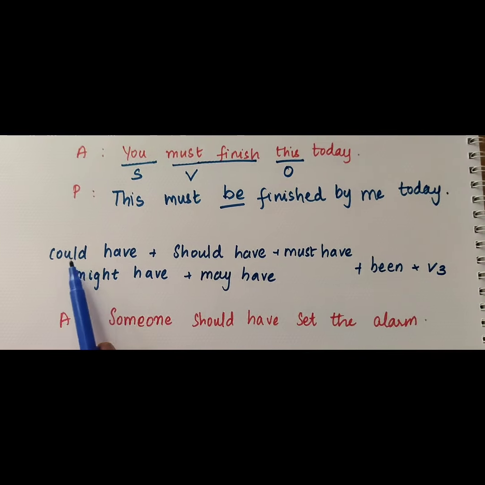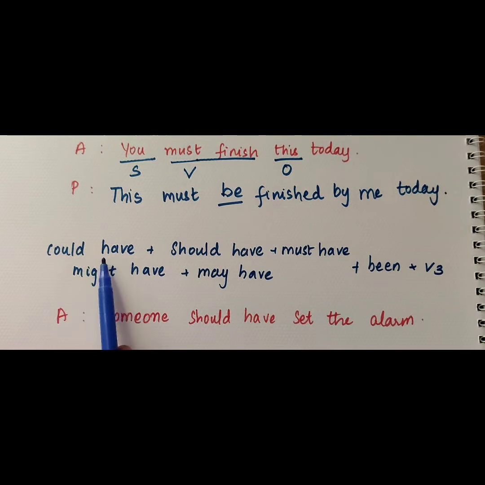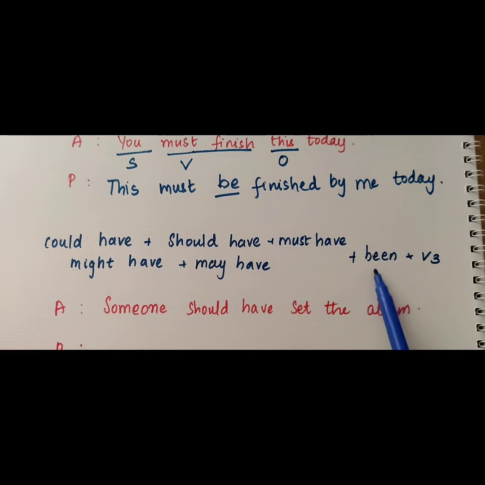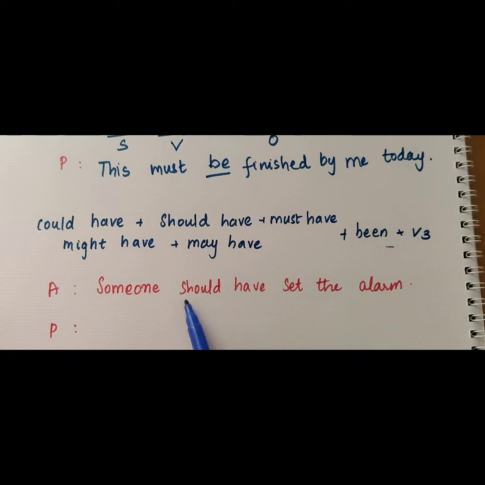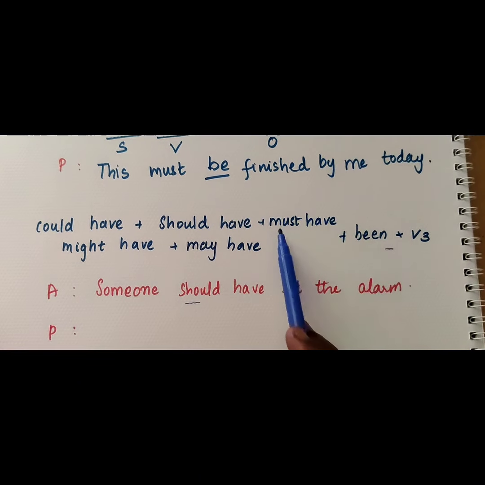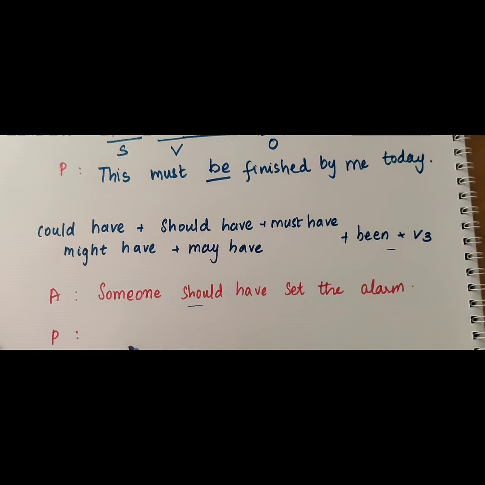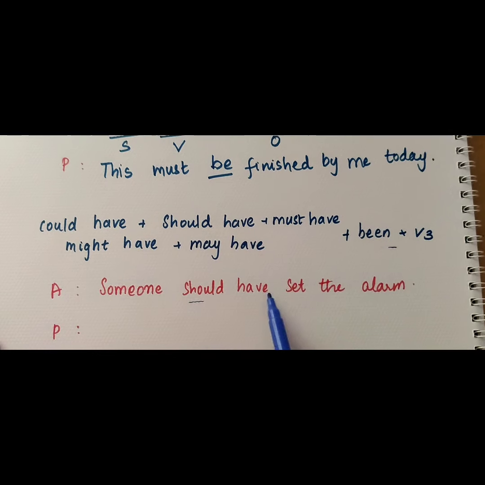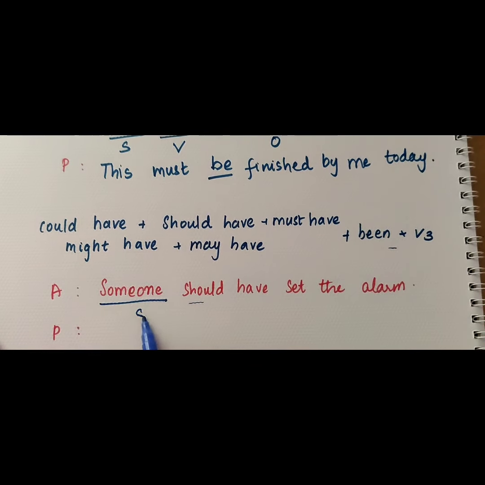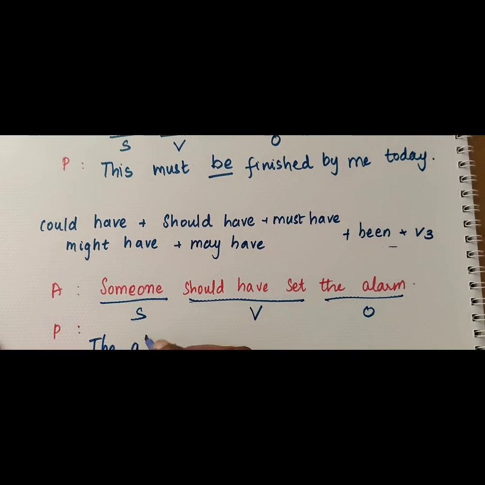Sometimes you will have modal verb plus have. Okay, there you should use been. See, if should have is there, you have to use should have been. If must have is there, must have been. May have means may have been in the passive. See, someone should have set the alarm. Subject, verb, object, right? Object first, the alarm.